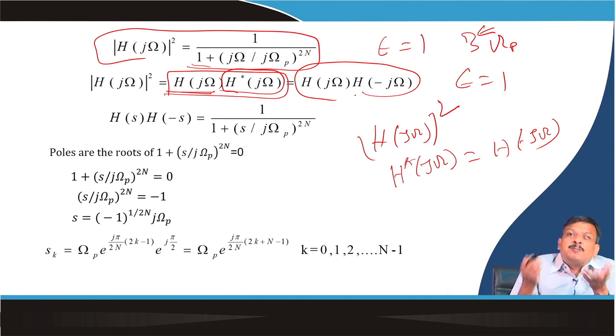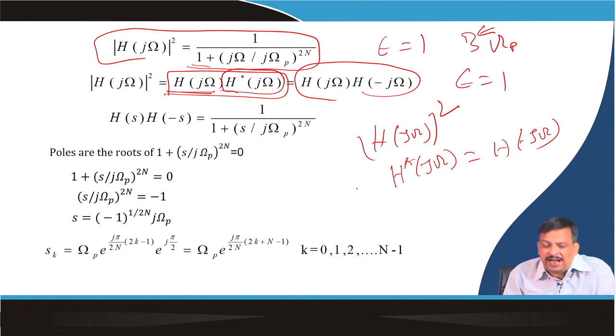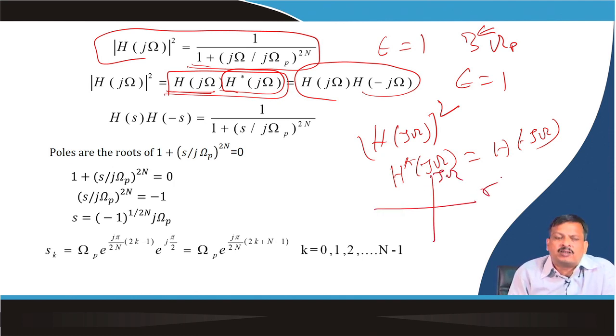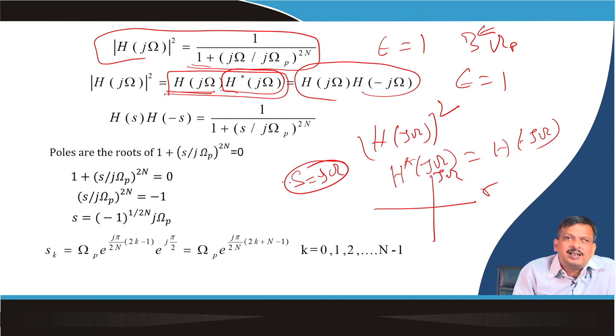Now, what is the Laplace domain? The Laplace transform is also a complex plane, which is called the S plane. In the S plane, this is j omega and this is the real part. If I replace j omega by S, that means the real part of the Laplace domain is 0.